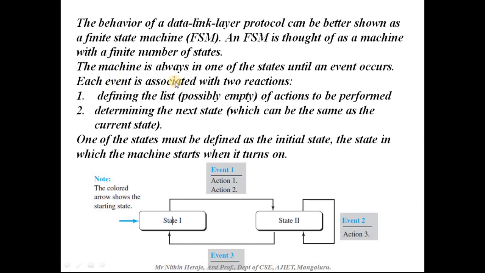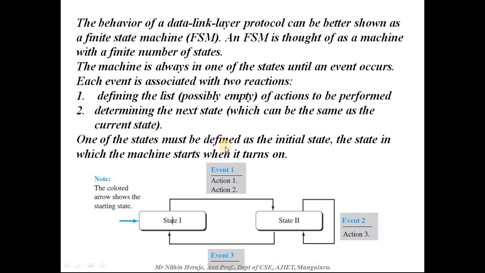Each event is associated with two reactions: first, defining the list of actions to be performed, and second, determining the next state. So when an event occurs, its first task is to decide what actions to be performed, and next, to which state it should transfer.